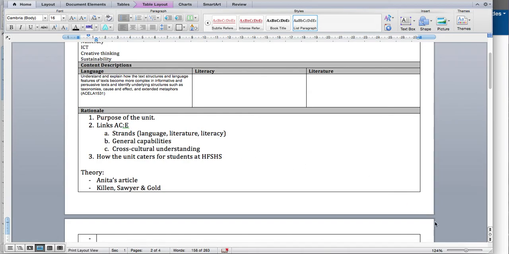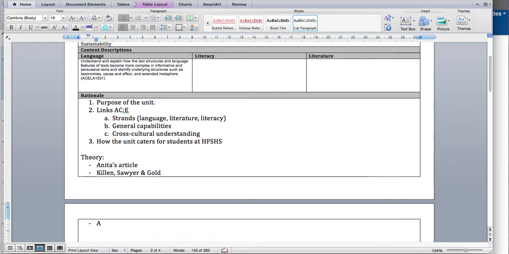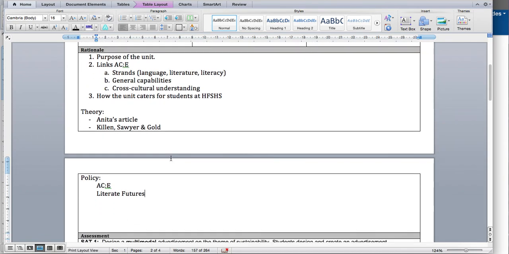Okay. And lastly, when we're looking at policy, that's where you're going to be looking at the Australian curriculum for English. Look at the Literate Futures document. Okay. So you're making a case for why you think that your unit of work is relevant to kids in Australia, to kids at Hartfield State High School.